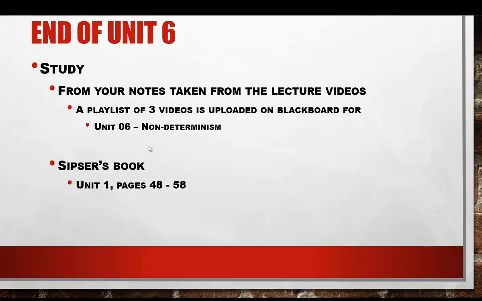Okay, so I hope you enjoyed this learning unit, which, as you have seen so far, has 4 videos on it. This unit was dealing with non-determinism as a means for creating flexible computation.